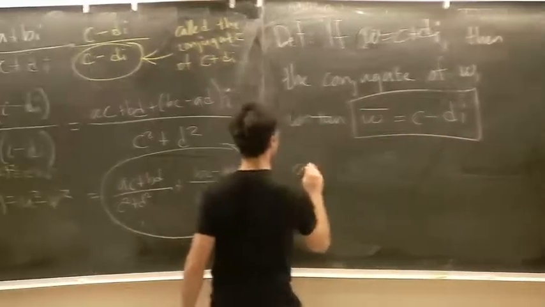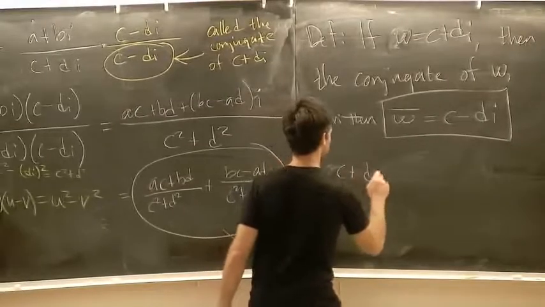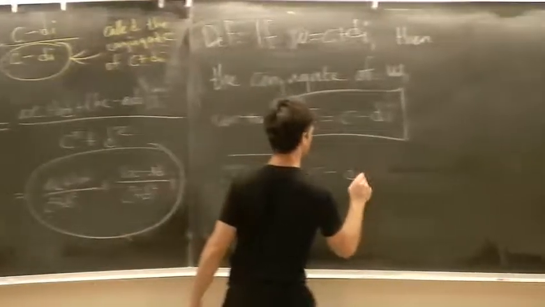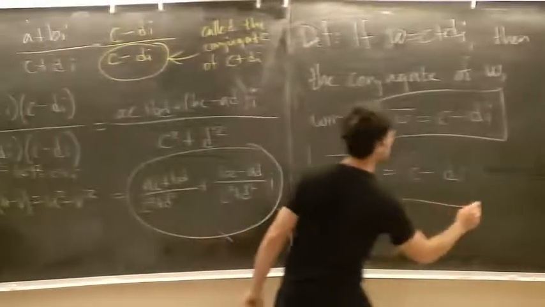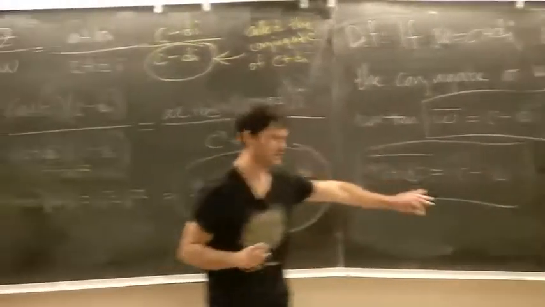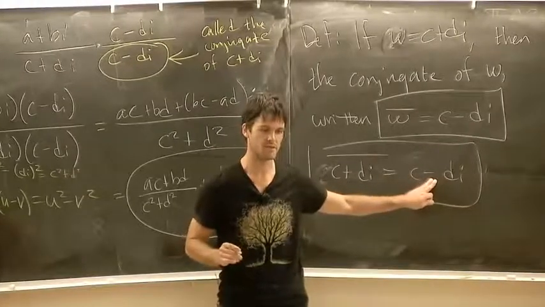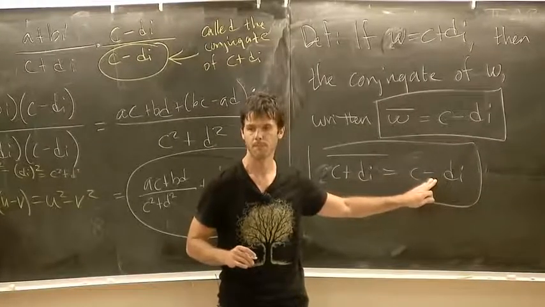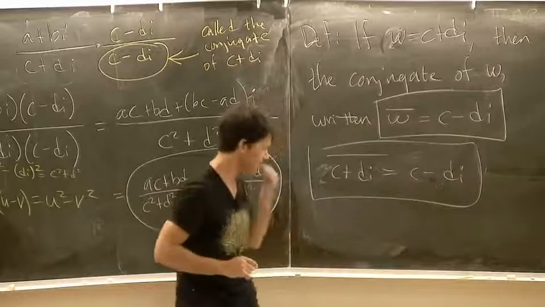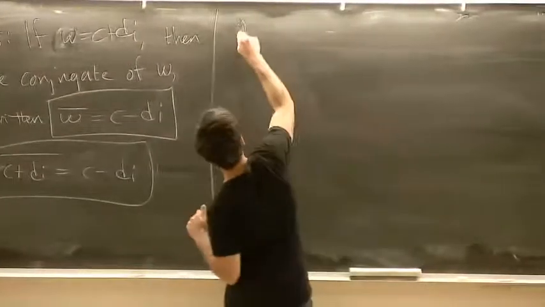Or in other words, the bar of c plus di equals c minus di. Anytime you put a bar over a complex number, it just flips the sign of the imaginary term. And yeah, we just end up having to use that a lot.